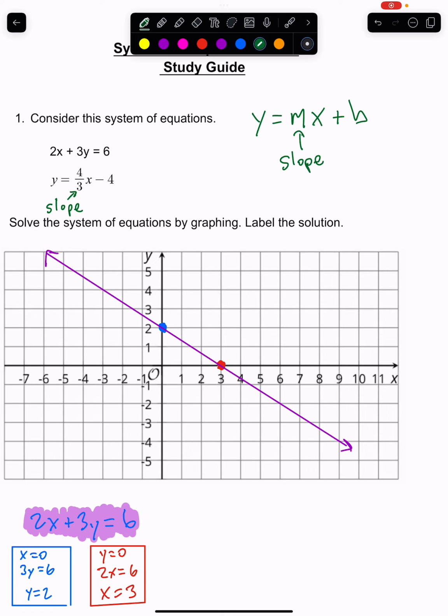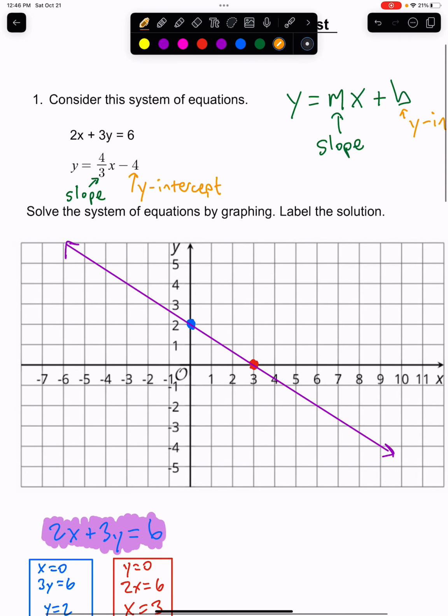And the y-intercept, I'm just going to write y-int for short, is -4. So first, you plot your -4. Now, what's going on here?